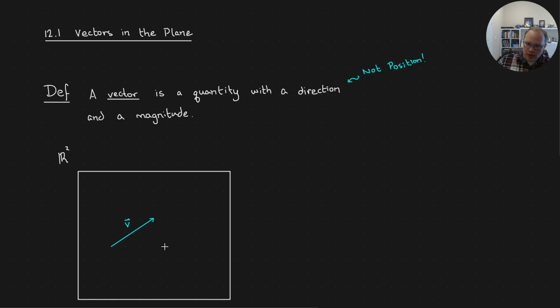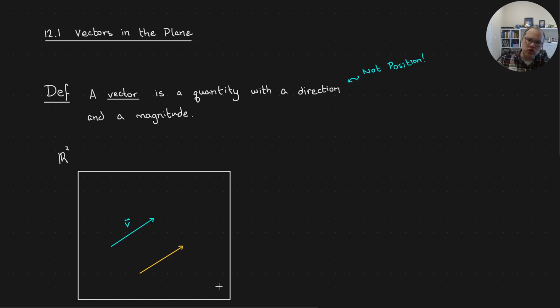Notice this arrow does represent a direction, right? It's pointing a certain direction. And the length of the arrow communicates a magnitude. How long is the vector? But notice I've also drawn it in a particular position. I could draw a vector with the same direction and the same magnitude, but I draw it in a different position. How does this vector relate to the original one?